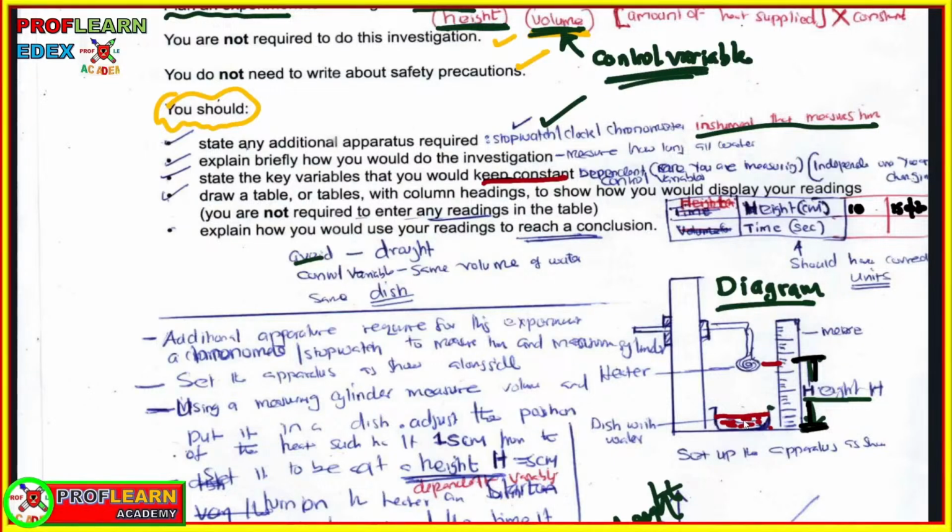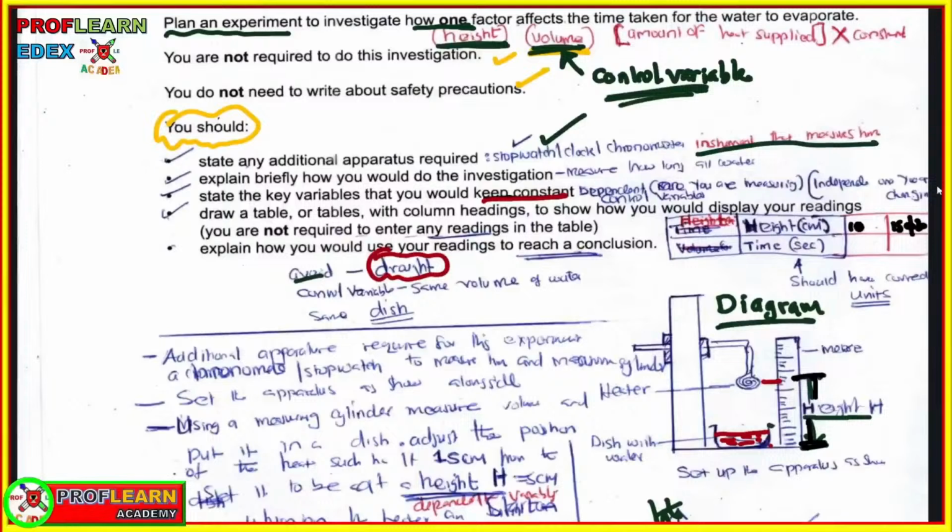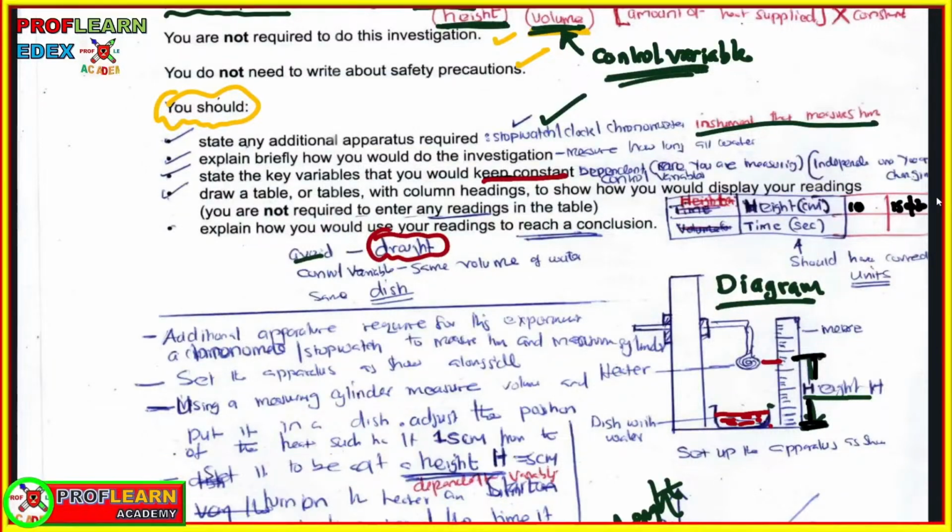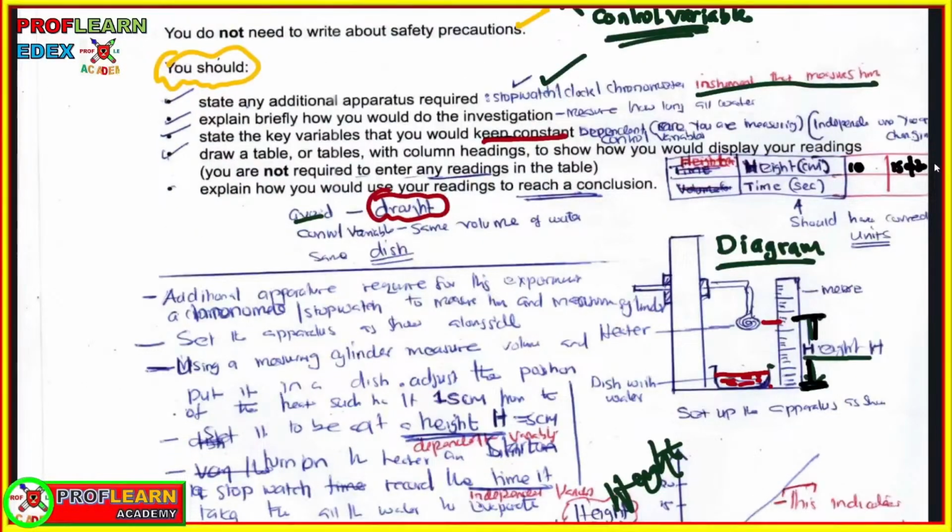So I have to ensure that that volume is constant. I should also avoid drought in this experiment, because if there is drought or a lot of wind flowing around, this is going to increase the rate of evaporation, and it's going to affect the experiment. So whenever you are answering this question, try to figure out which variables can affect the experiment, and then mention them.